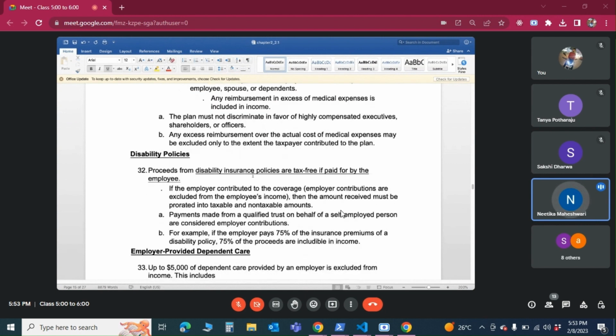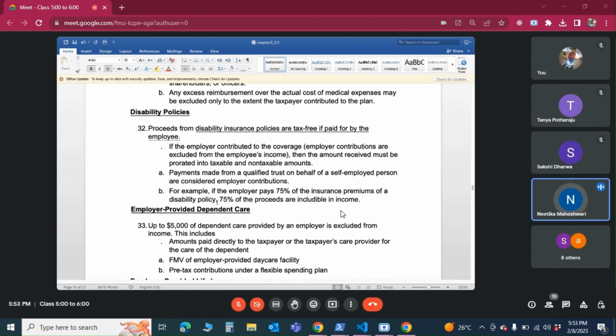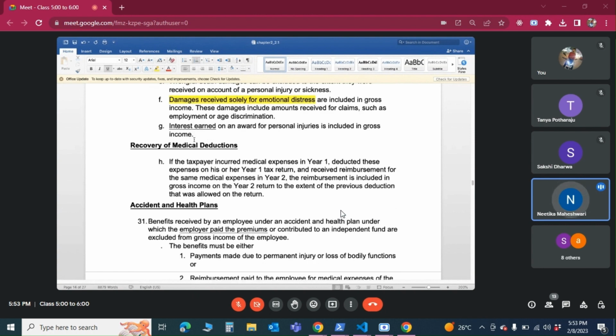Disability policy, again, they're all tax free. And what they're saying here is, disability is a kind of insurance policy. So if the employer pays 75% of the insurance premium and the employee pays only 25%... wait a minute, disability. Okay, no, so there is a difference here.